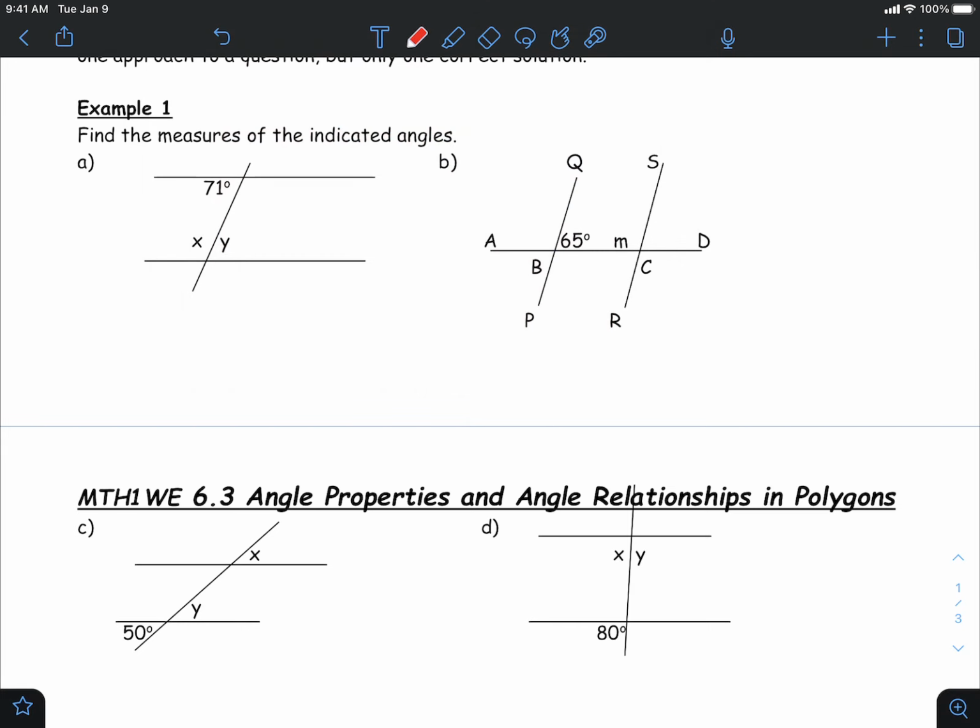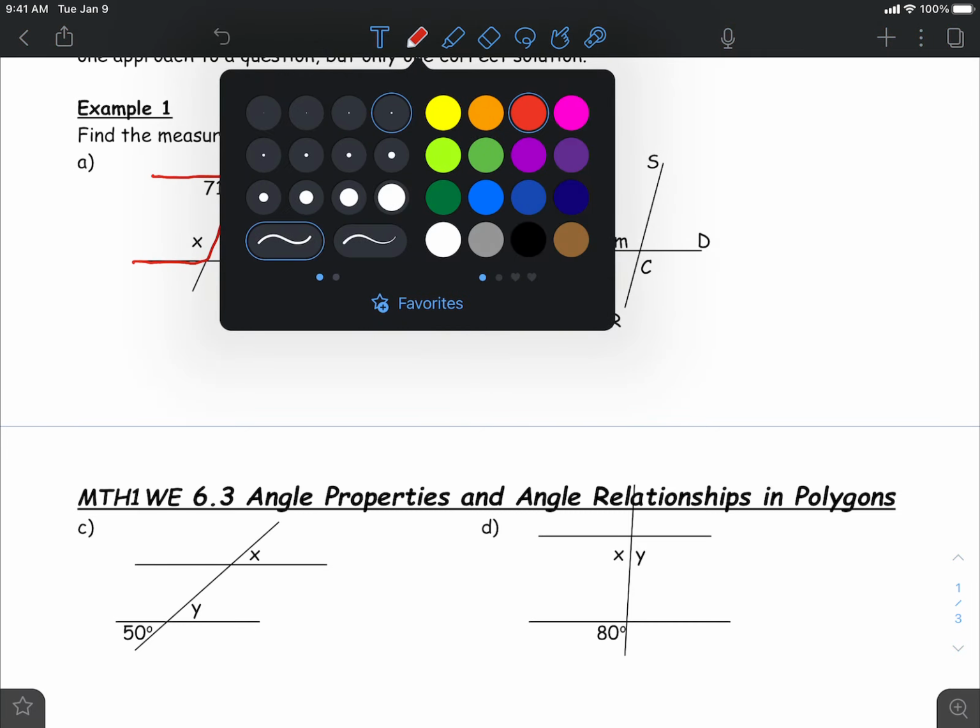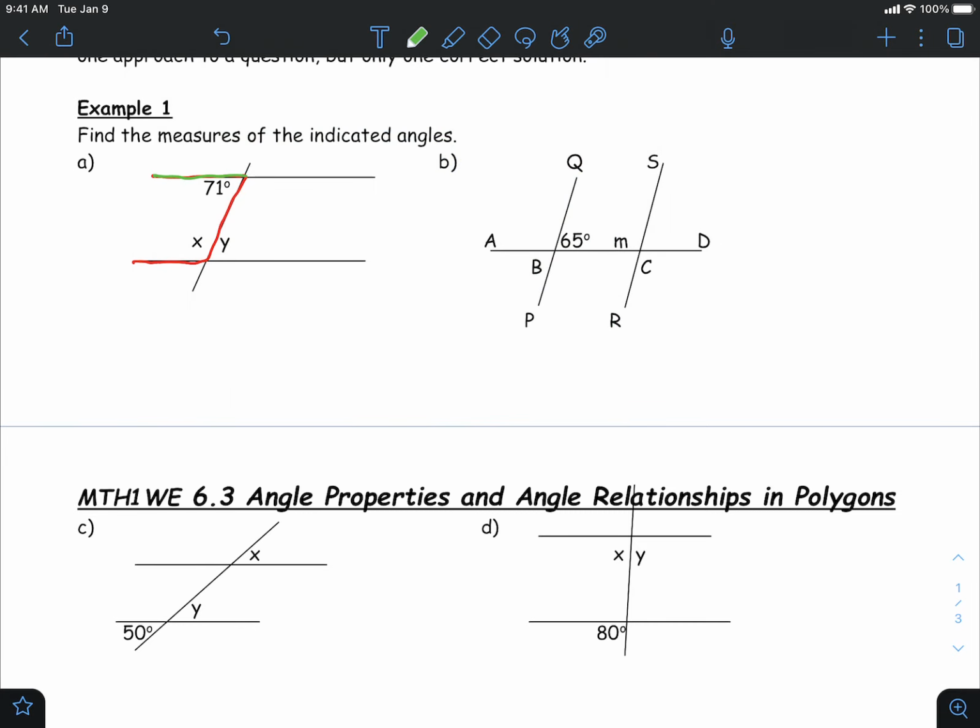When I look at the first one, you can apply anything you want. F might not necessarily be useful there, but you could draw it backwards. Or you could use the co-interior angles to form the C. My point is you could do this in any number of ways.